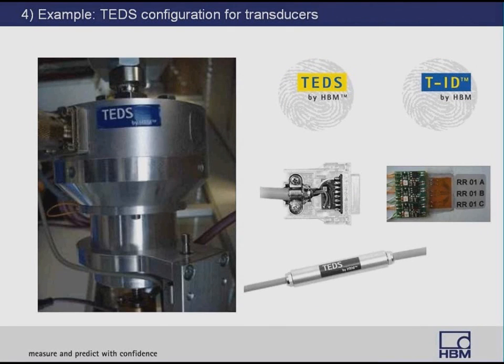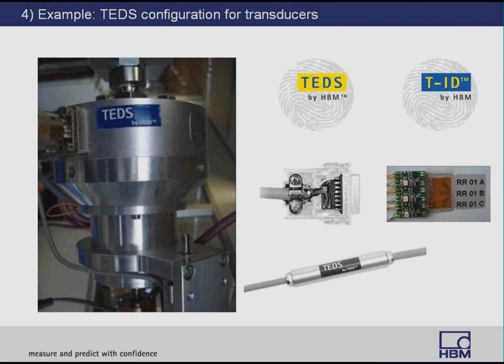There's also the option of the TEDS configuration, where you can store data in a chip that then, once it is connected to the data acquisition, will be read out by the amplifier, and all the settings will be done according to the TEDS configuration in the transducer.